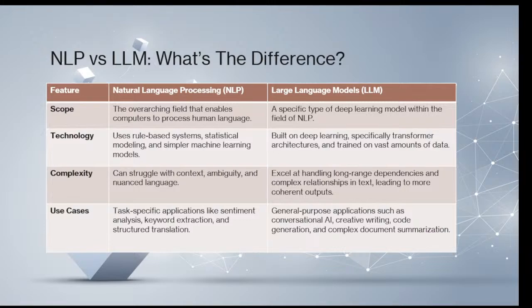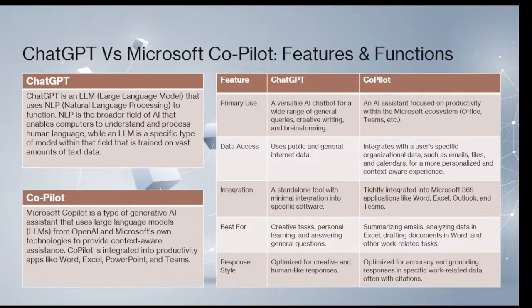And then the use cases are, for the NLP, a task-specific application: keyword extraction, structured translations, versus the LLM, which is more general purpose, such as conversational AI, writing code, and generating complex documentation. And then what does that look like between ChatGPT and Copilot?